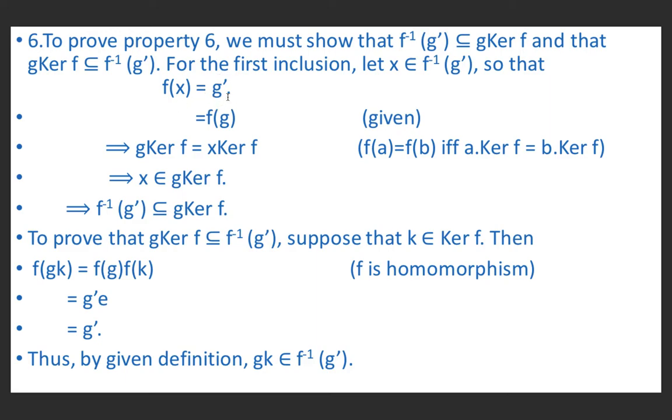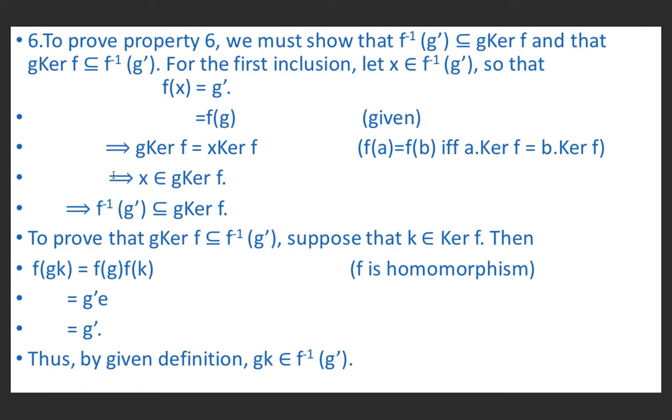But G dash is equal to F of G, because G is an element of group G, G dash is an element of group G dash, and F takes G to G dash.